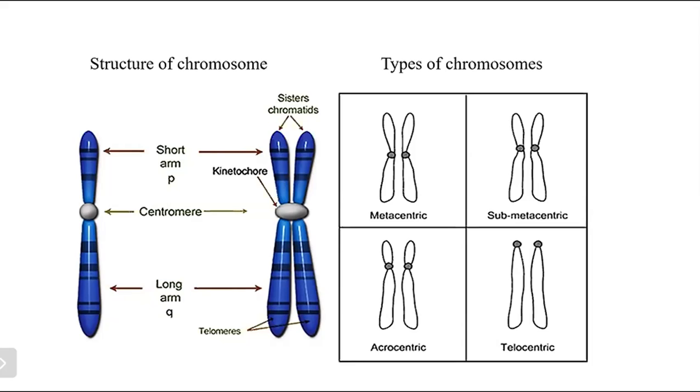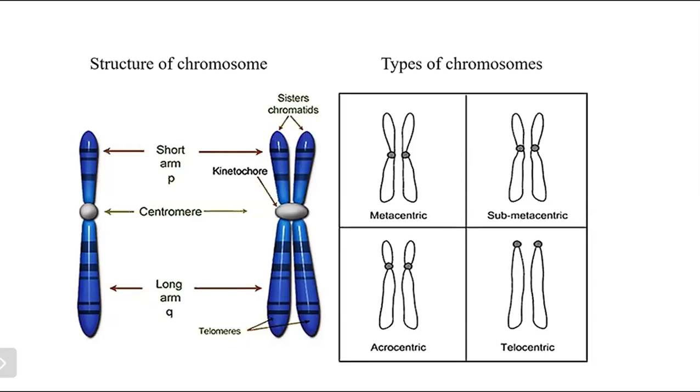In the left side diagram, you can see telomeres. Telos means end and mere means part, so it is an end part. That's how the chromosome is divided into parts. The central part is the centromere, the end part is a telomere. Both ends of the chromosome have telomeres. Remember these telomeres, they will come in a later lecture. These telomeres are important.